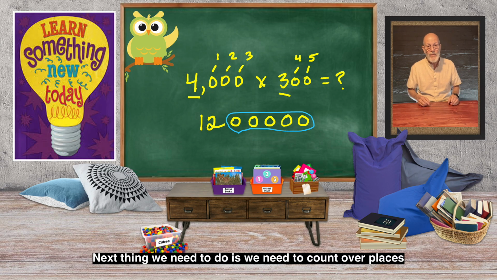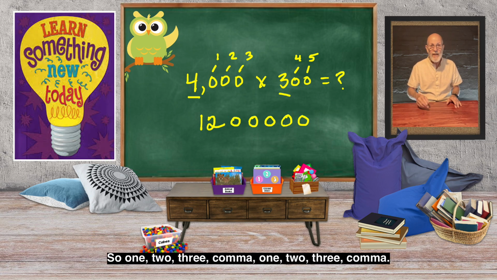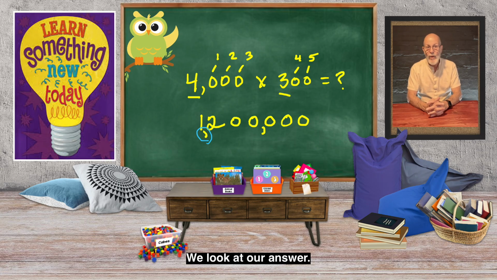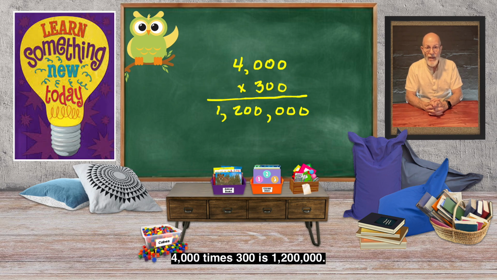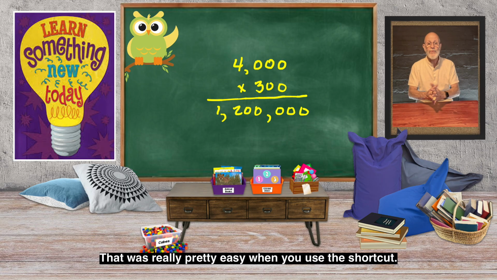Next we need to count over places and place our commas in the right place. So 1, 2, 3, comma, 1, 2, 3, comma. Our answer is 1,200,000. 4,000 times 300 is 1,200,000. That was really pretty easy when you use the shortcut.